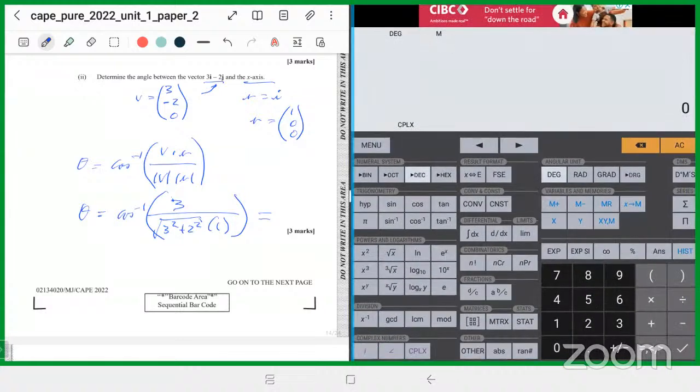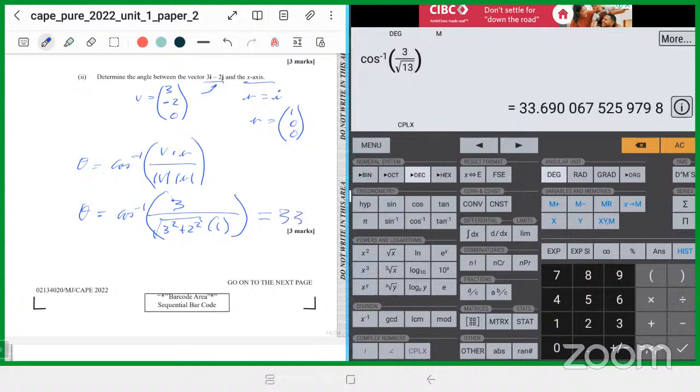So I'm going to get cos to the minus 1 of 3 over the square root of, this is 9 and 4, 13. So I get 33.7 degrees. That's it.